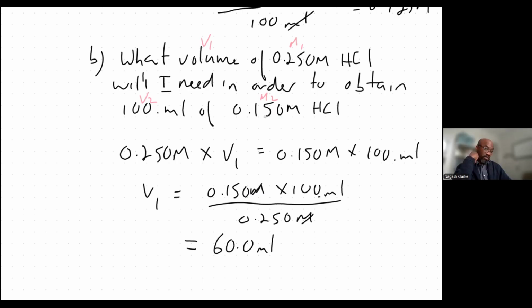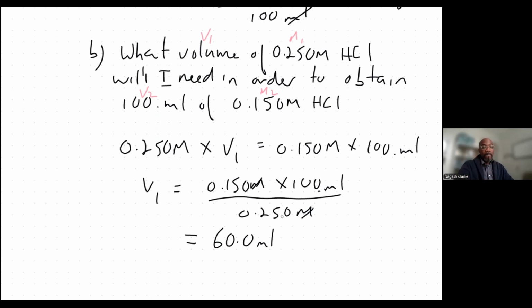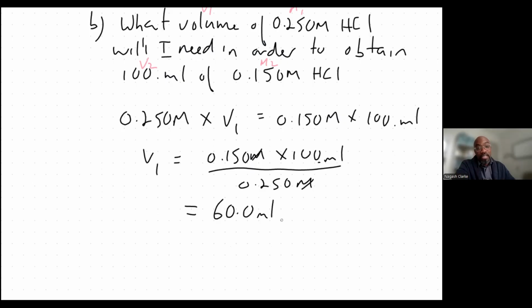And then, but I want 100 milliliters of that. So I just set it up, and so I need 60 milliliters of this concentrated 0.250, and I'm going to add 40 milliliters of water to get to 100, and that's going to give me my diluted 100 milliliters of 0.15 molar HCl.